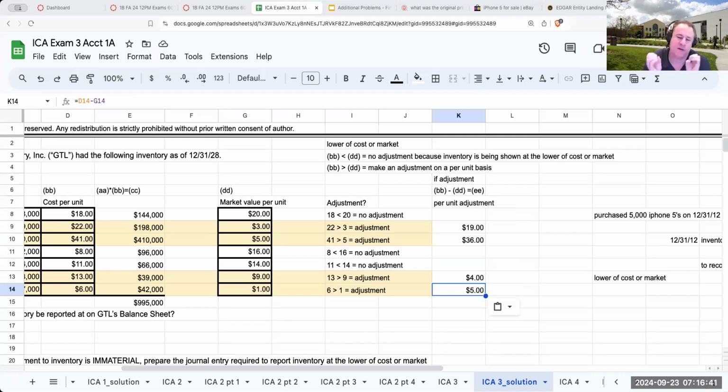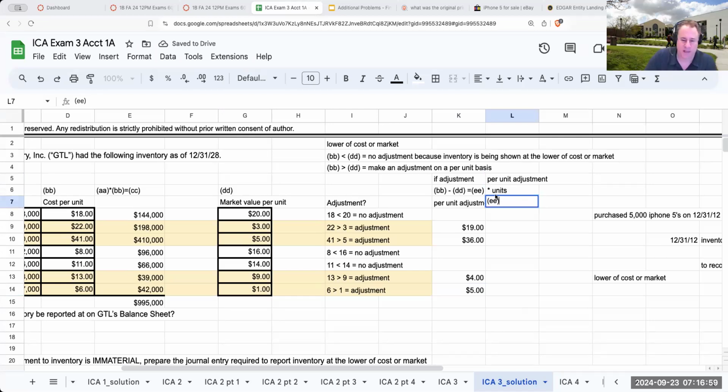So to figure out the dollar value collectively of the adjustment, I need to take the per unit adjustment, BD minus DD equals EE, times the number of units.